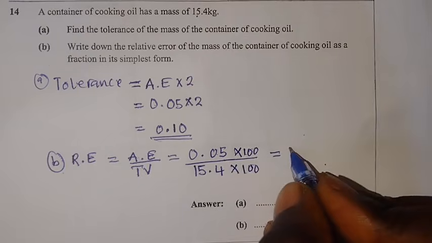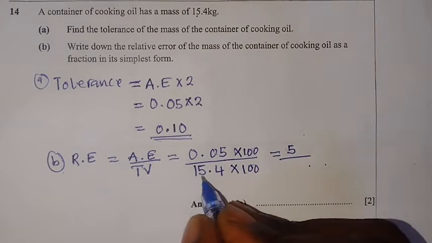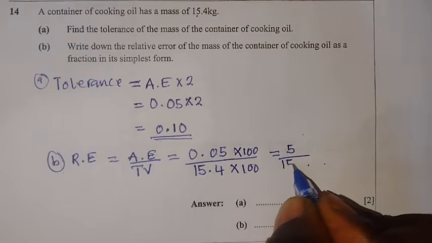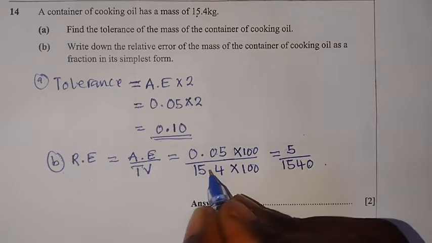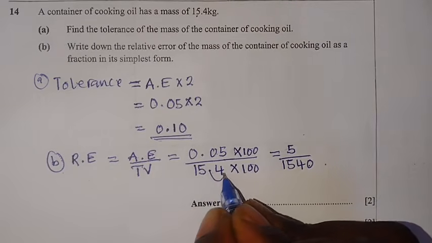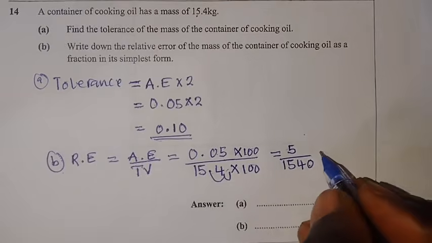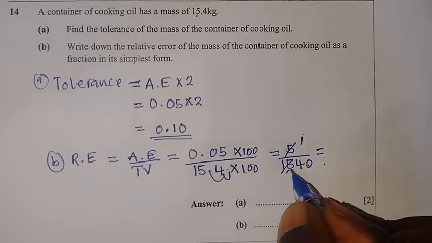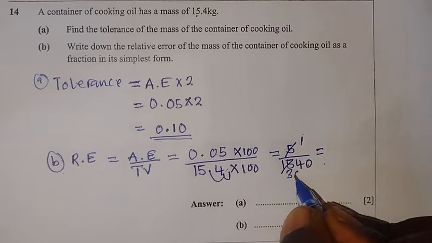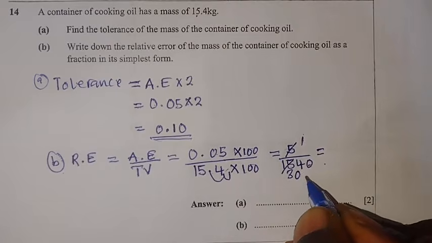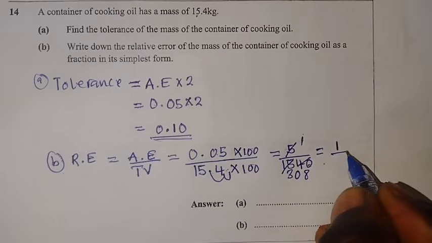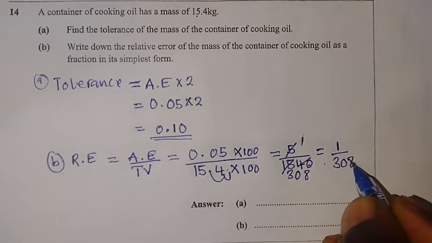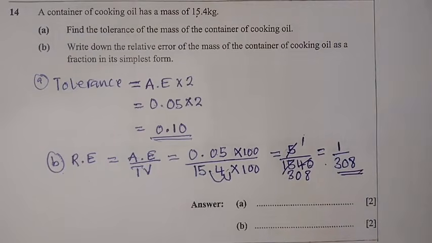So 0.05 times 100 gives 5, over 15.4 times 100, which gives 1540. Then we can say 5 into 5 goes 1, 5 into 15 goes 3 times, 5 into 4 can't, we write a 0, so the 0 combined becomes 40. 5 into 40 is 8. So our answer is 1 over 308. This is the relative error as a fraction in its simplest form.